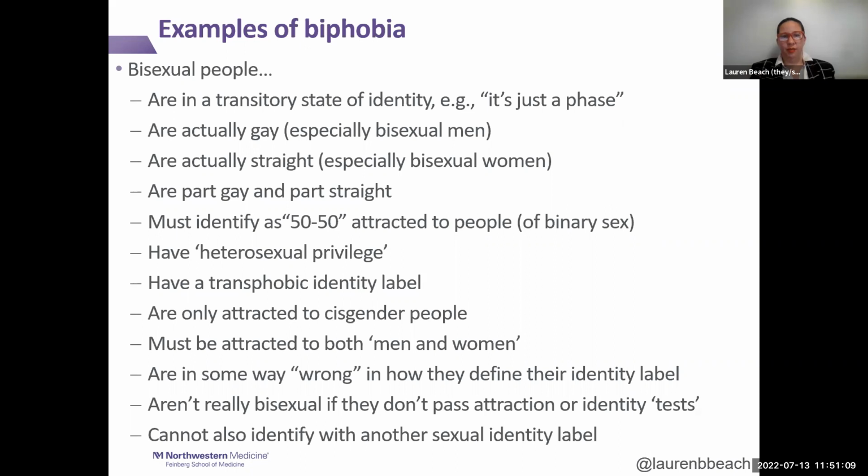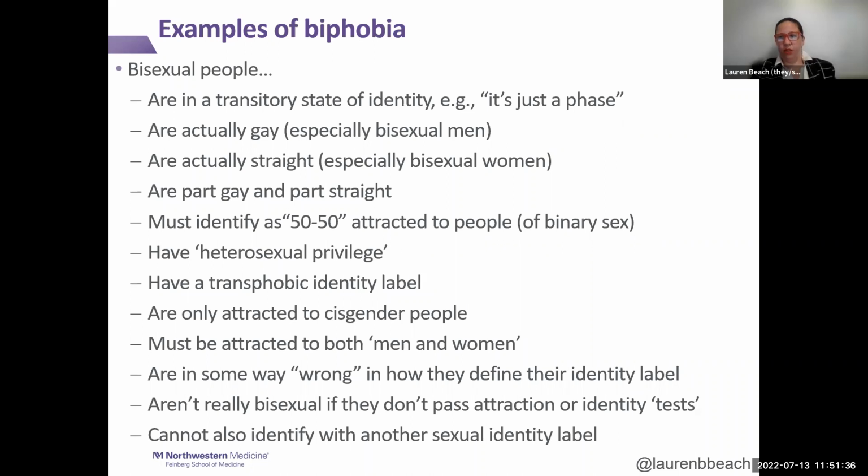There's this idea that identifying as bisexual is a transphobic identity label, that somehow when you say you're attracted, even if you are a bisexual person who says I'm attracted to men and women, you must only mean cisgender men and cisgender women. I would argue that conceptualization is what's transphobic, not saying you'd be attracted to people who are men and women, because I would say men and women could be of any gender modality.